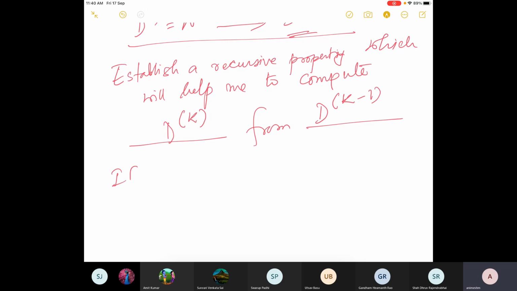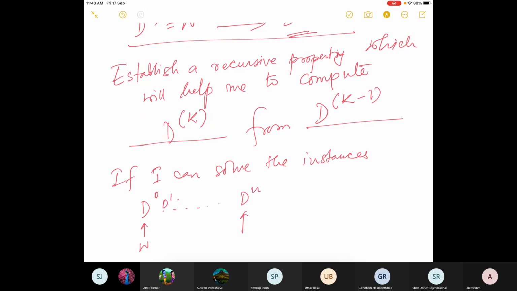Now, if I can solve the instances one after the other, then I am done.